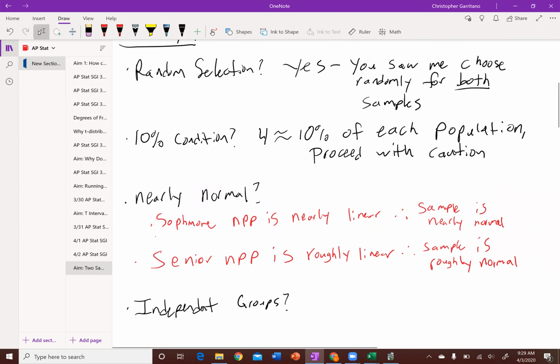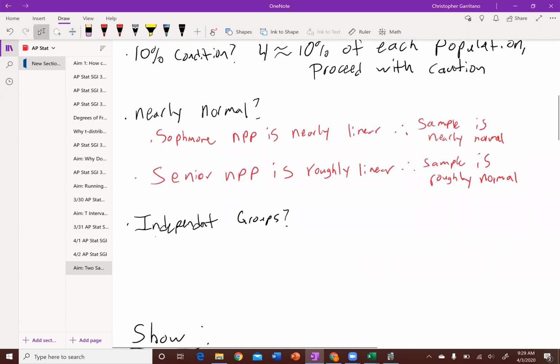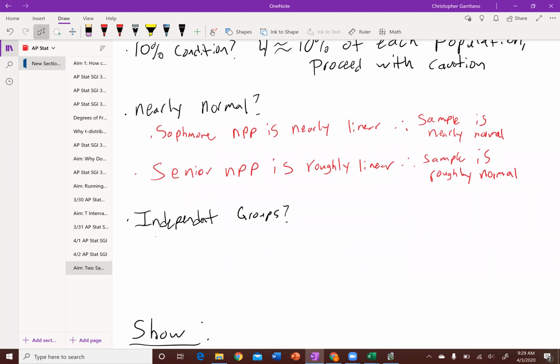So there's actually an extra condition that we need to discuss here, and that is the idea of independent groups. Is there any reason for you to believe that the GPA of sophomores has any dependence on the GPA of seniors?